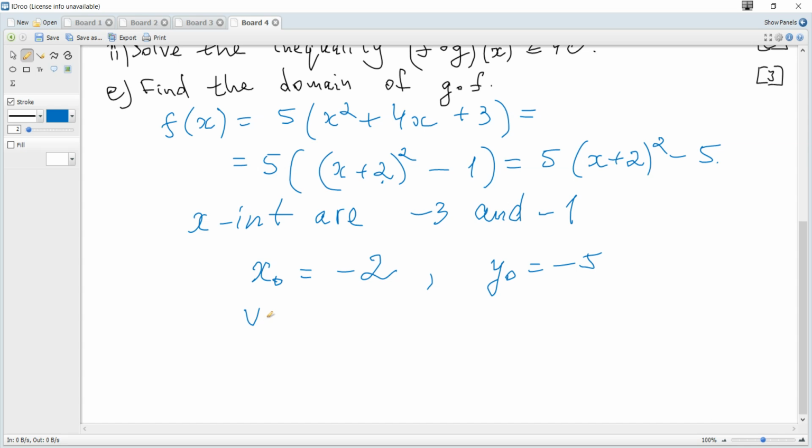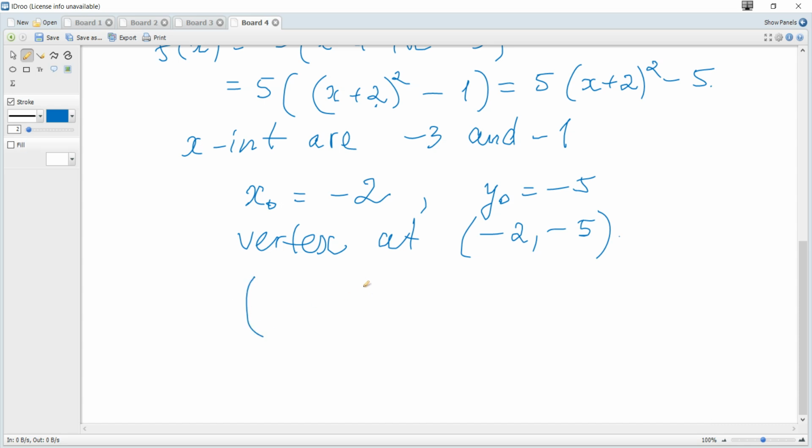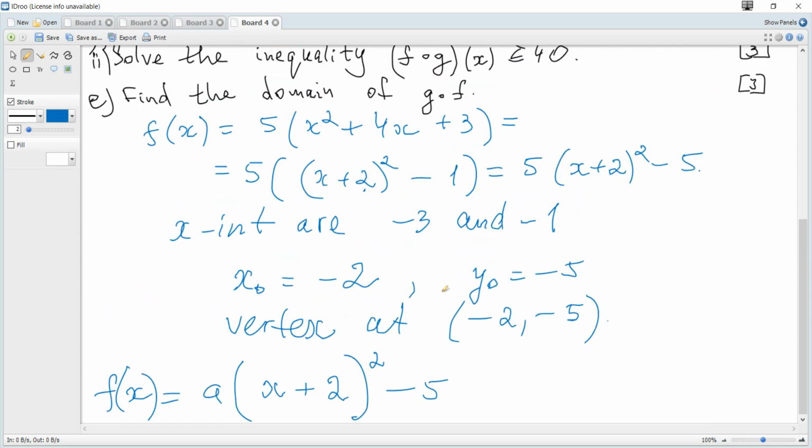So the vertex is at -2, -5, and hence if the vertex is at -2, it means that the parabola is translated 2 units to the left, so it's x plus 2 squared, and then minus 5. But there remains this coefficient a, and we need any point on our parabola. We can choose absolutely any x.